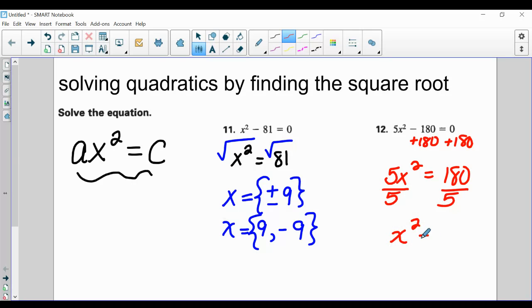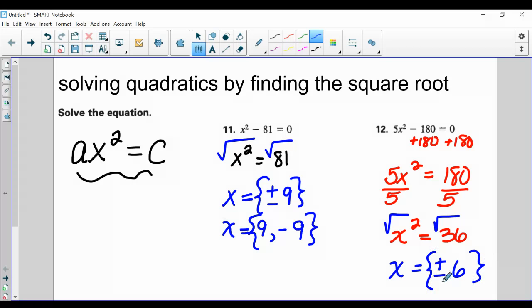And we'll have x squared equals 36. All right, and now that we're in the format of 1x squared equals 36, let's take the square root, and x equals not 6, it's plus minus 6. We have to remember that there are two solutions. So if you forget about the minus, then that means you're missing half your answer.